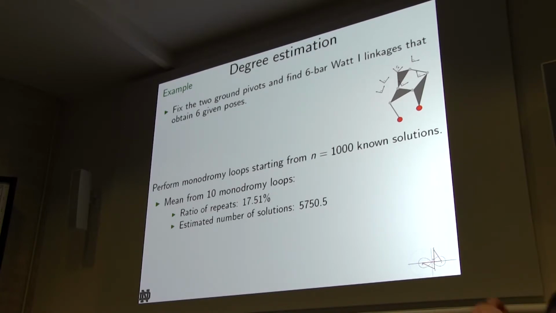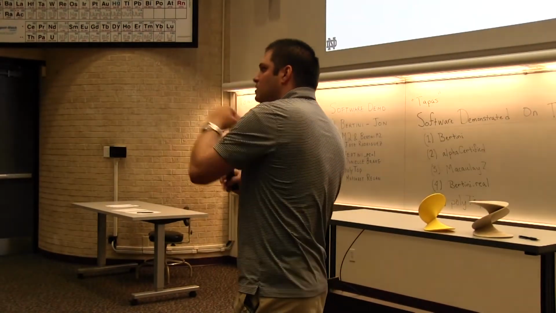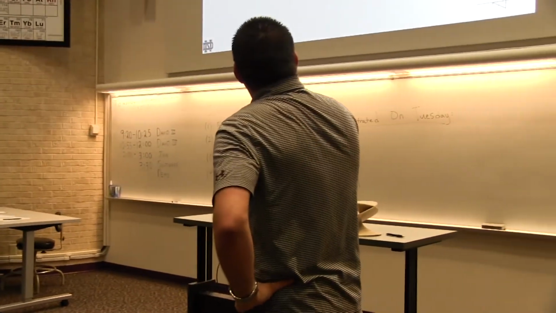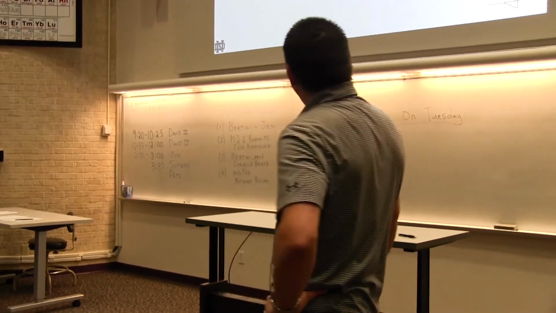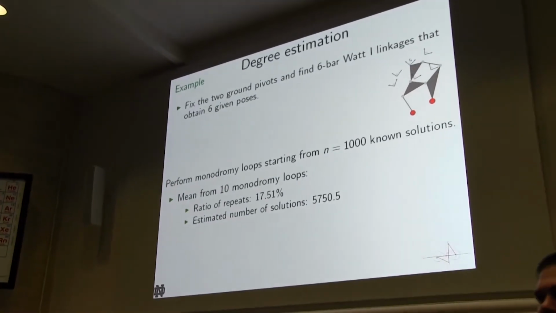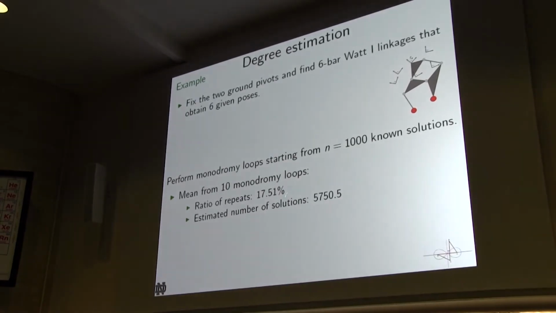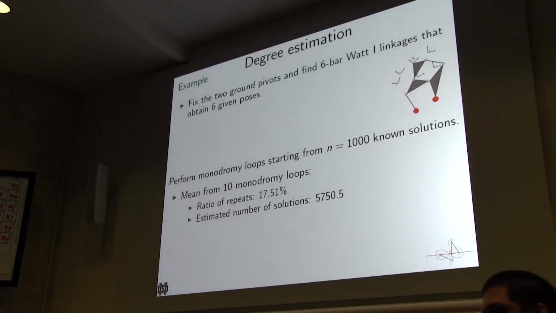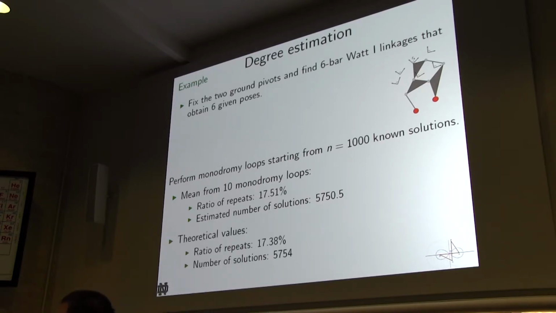So we took a set of 1,000 solutions that were known and did 10 random monodromy loops. And in those 10, the mean was about 17.5% were repeats. And that gives us an estimated number of 5750. What's the actual answer?